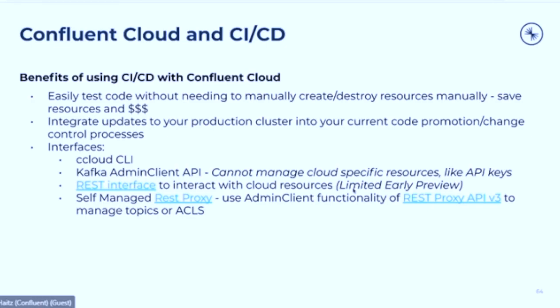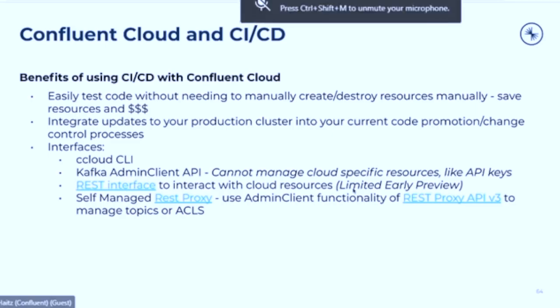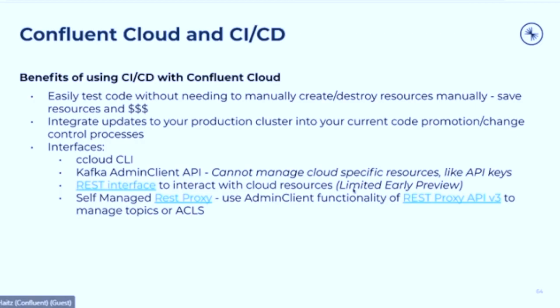This has to be done by the CLI or the UI. If you think about creating your own REST API for these activities, you can use REST Proxy, for example, to provide an interface for managing the Kafka-specific resources via REST API. But the go-to in this space is still the Confluent Cloud CLI.